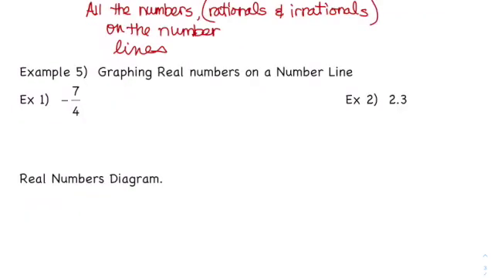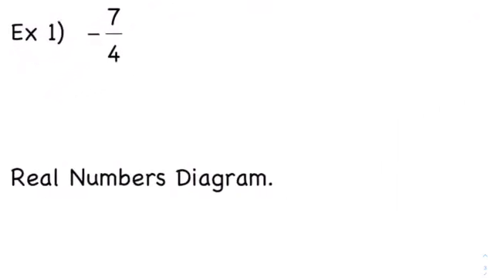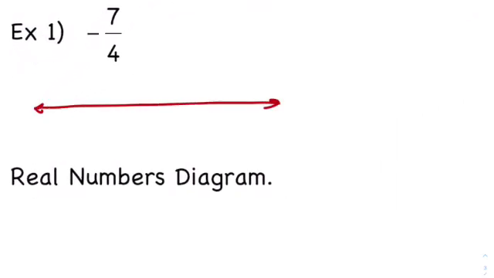Example number 5, graphing real numbers on a number line. In this case, you are going to just draw a number line. You can use your calculator, or you can just say, if it's negative, I know it's on the left-hand side, and this fraction is going to be bigger than 1 but smaller than 2. So here's my -2, here's my -1.